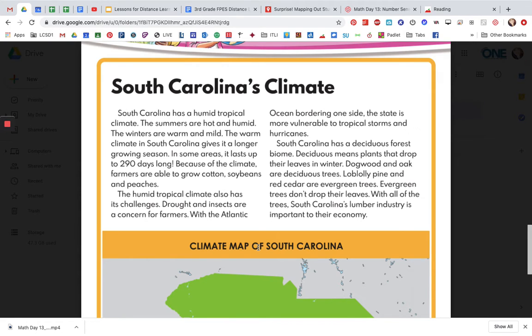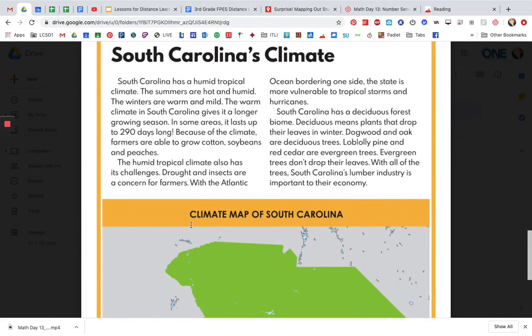South Carolina has a humid tropical climate. The summers are hot and humid. The winters are warm and mild. The warm climate in South Carolina gives it a longer growing season. In some areas, it lasts up to 290 days long.